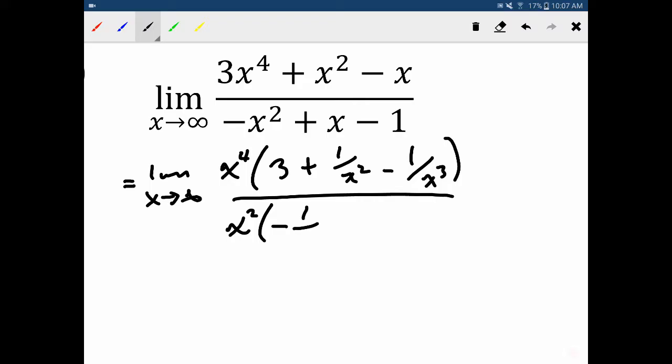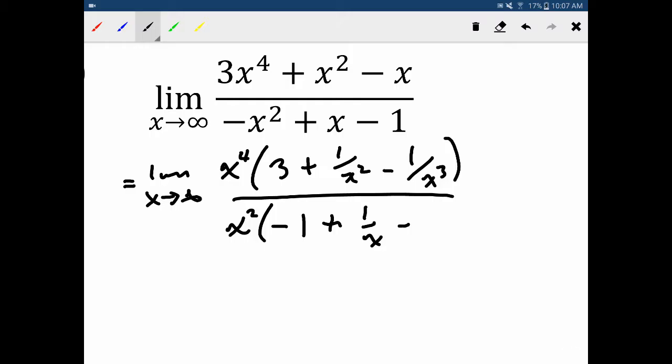Okay. X squared, so we'll have negative, no, sorry, that's just negative 1. Sorry, I spaced out. Plus 1 over x, right? Yeah.